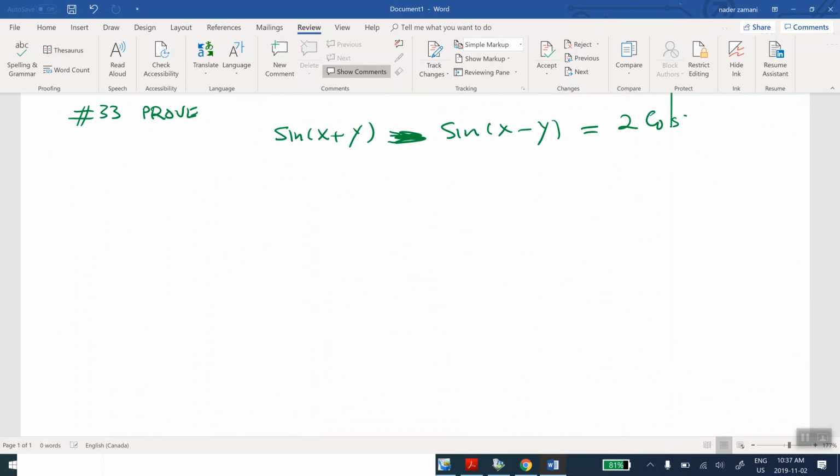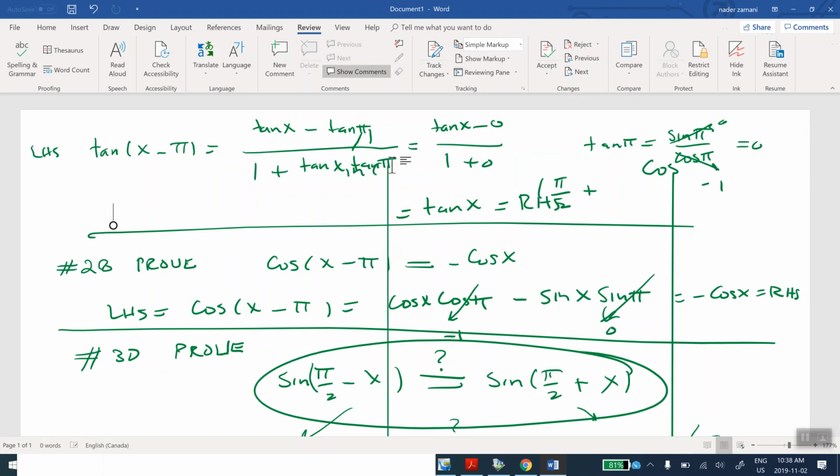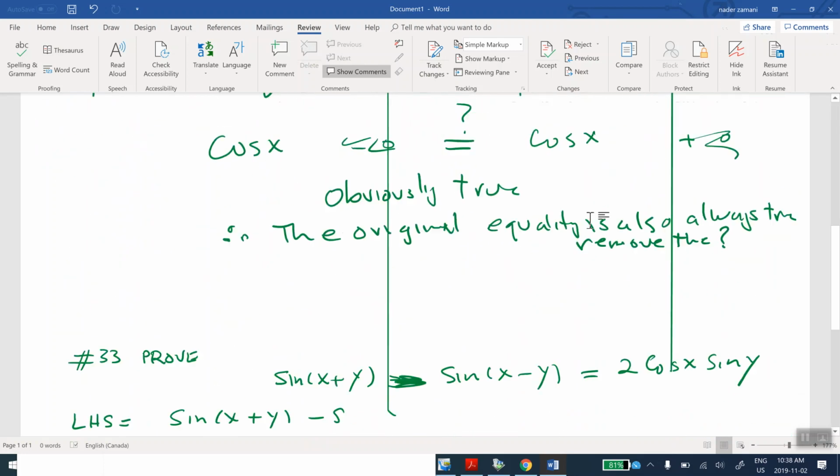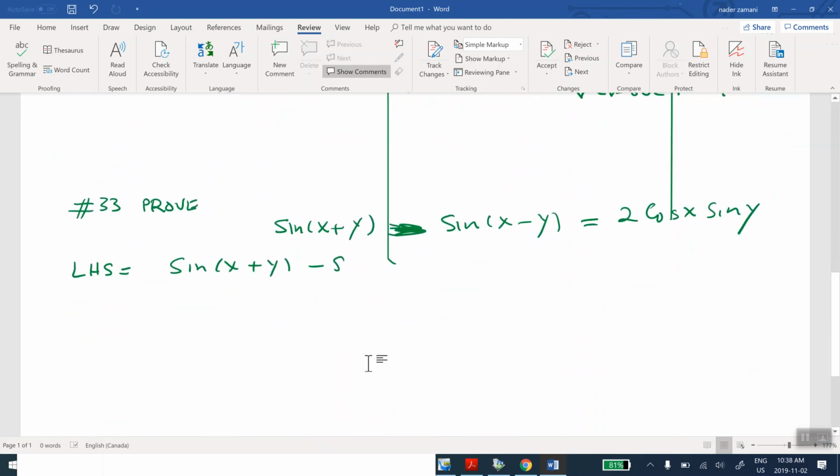Sine of x plus y minus sine of x minus y equals 2 cos x sine y. So the left-hand side equals sine of x plus y minus sine of x minus y.